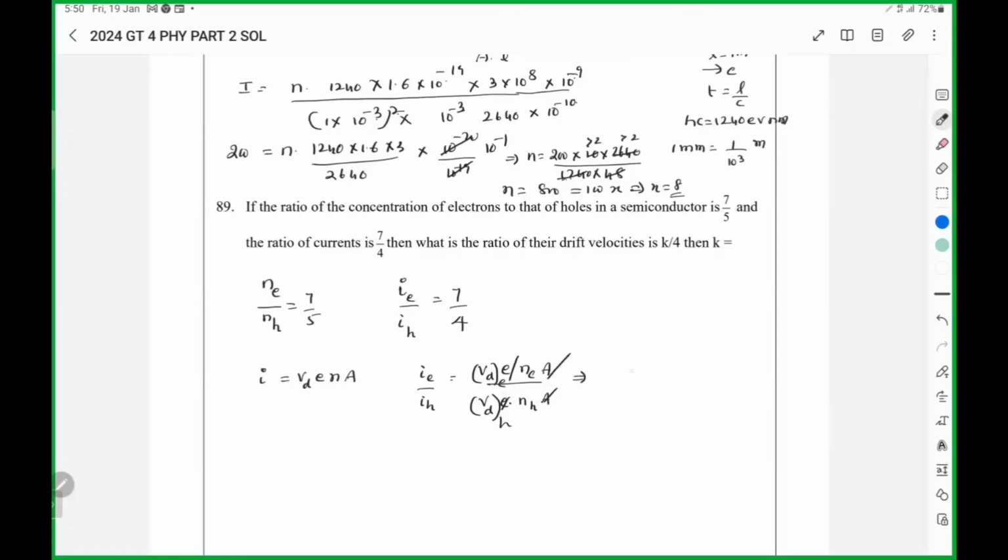What he is asking, drift velocities of electron, drift velocities of hole. Ne by NH, 7/5, which is in the ratio which he has given as K/4.